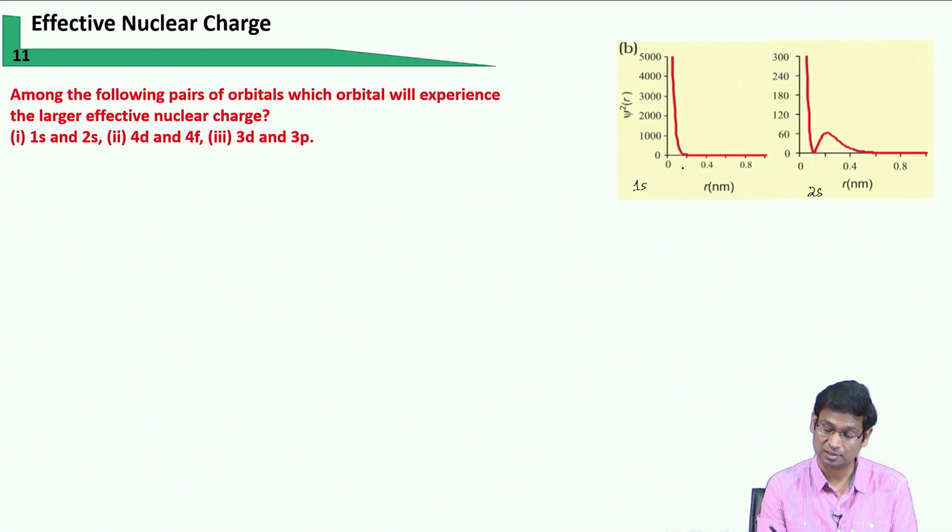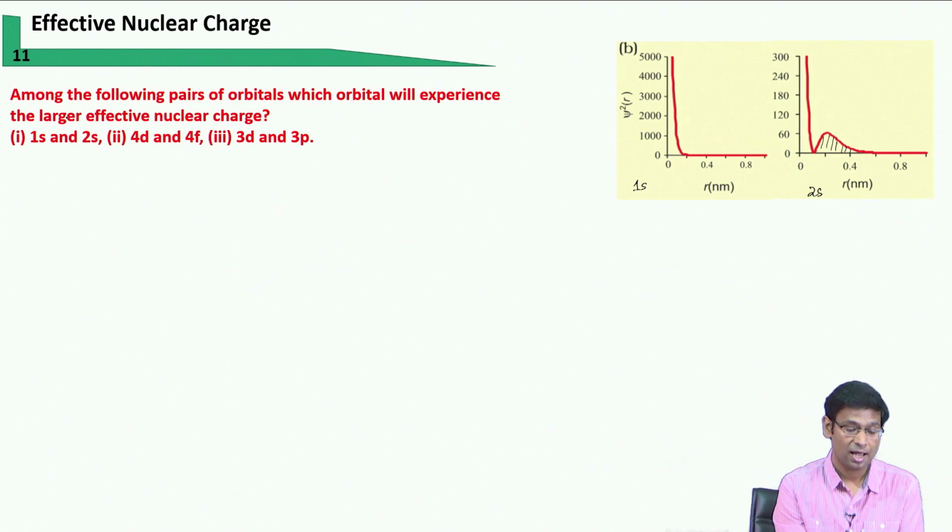Beyond 0.2 nanometer, you have almost 0 probability. But for the 2s orbital, the probability of finding the electron even at larger distance between the electron and nucleus is finite. Therefore, 2s electrons are found farther from the nucleus, and 1s electrons are found closer to the nucleus.